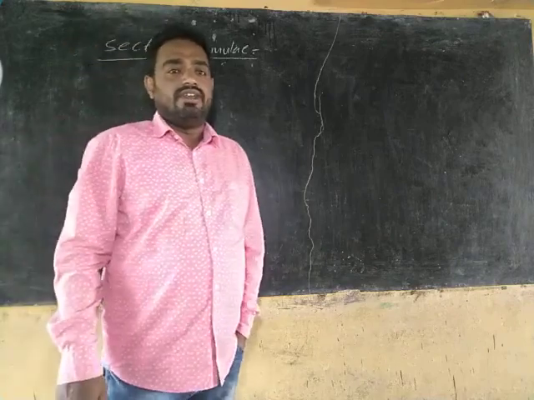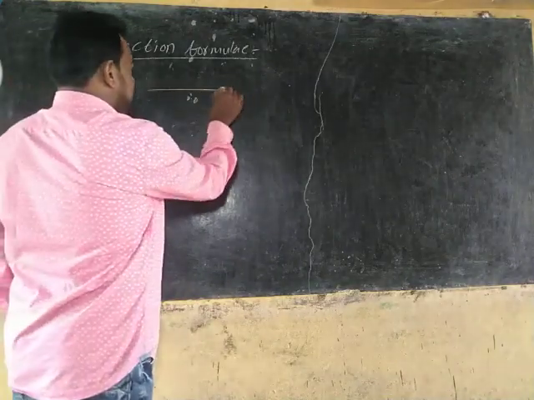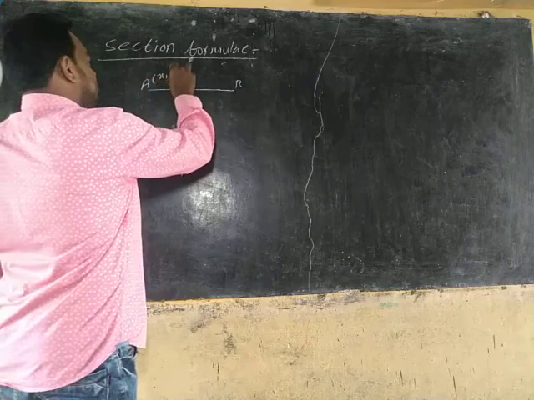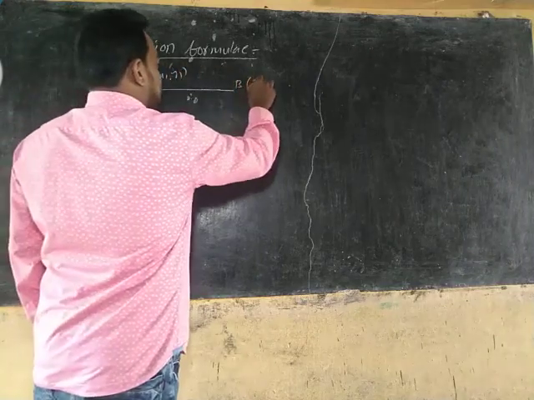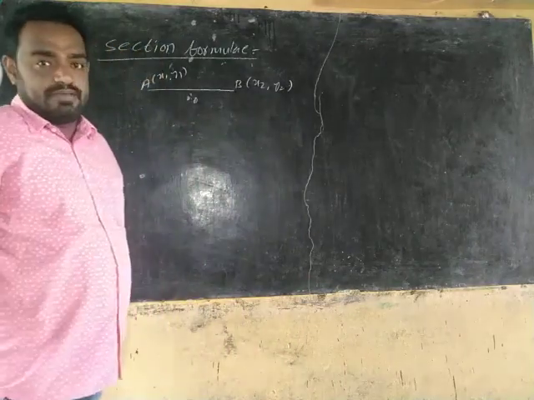How are we defining the internally dividing point? You see, AB is a line segment. A (x1, y1) and B (x2, y2) are the end points of the line segment AB.